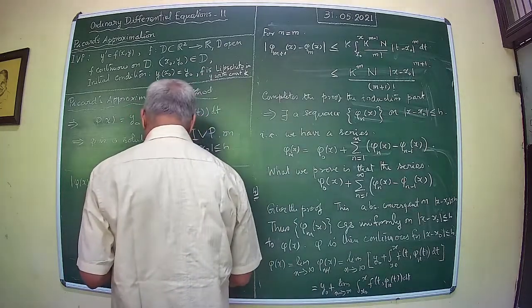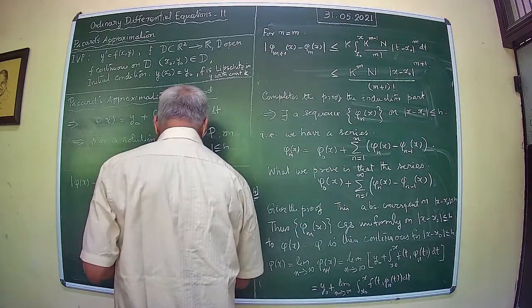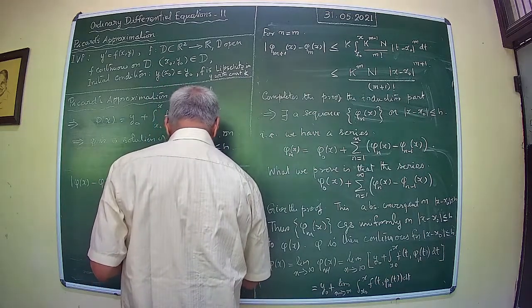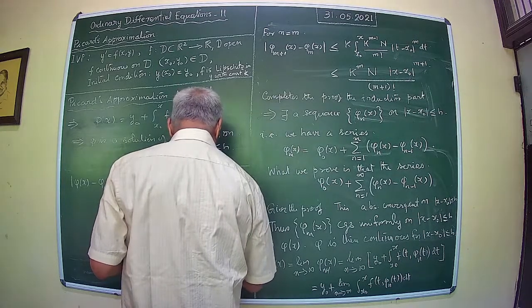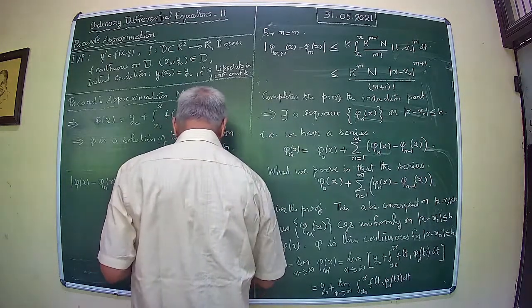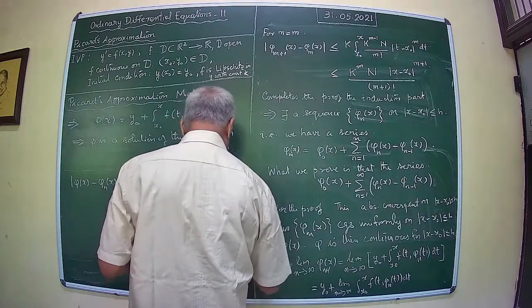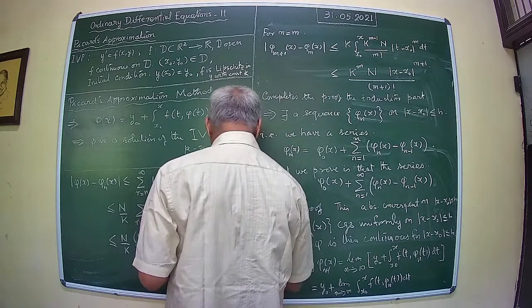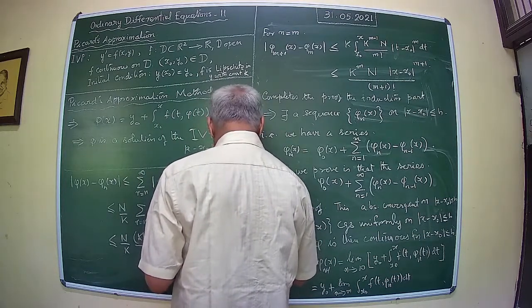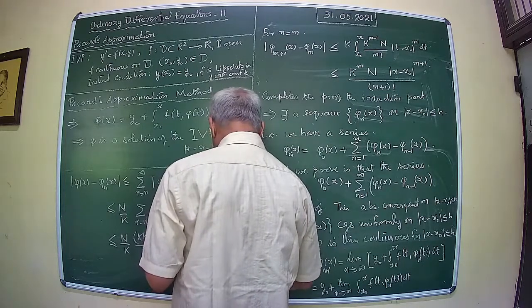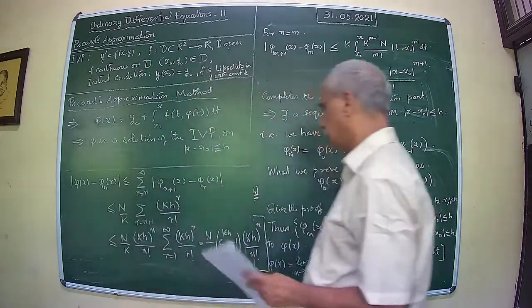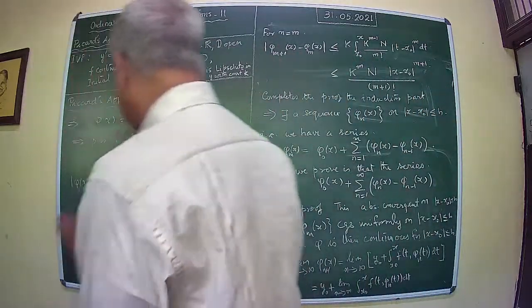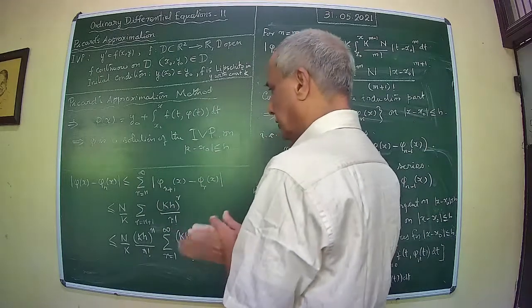So this is equal to n by k e to the power, this is the error that you can estimate when you replace this solution by phi.